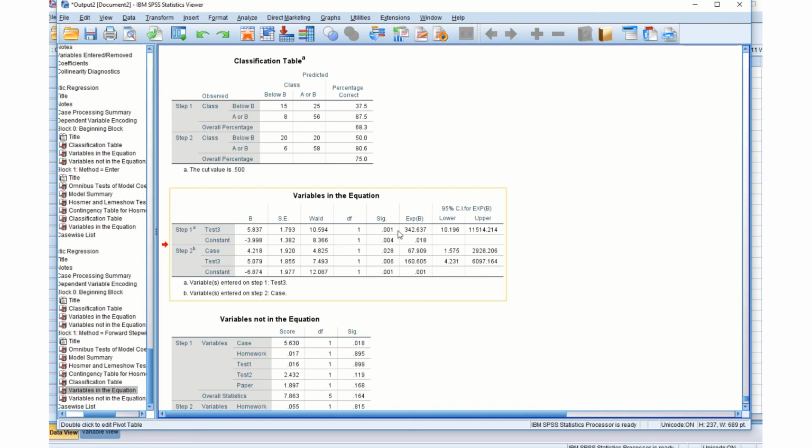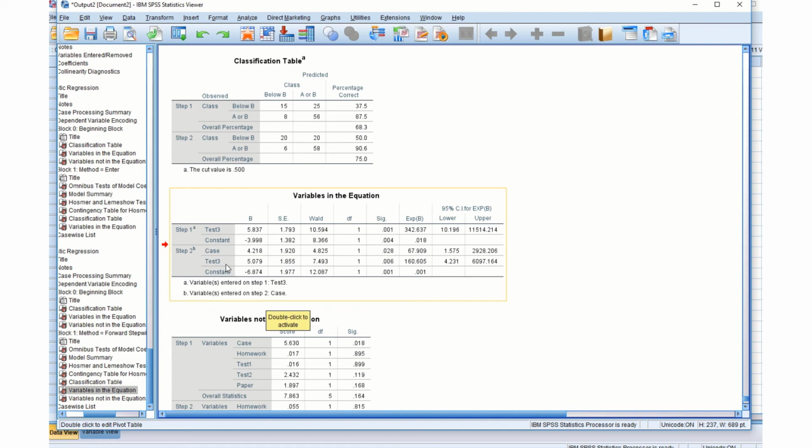When we look at the influence that these variables have on placing someone in the AB group, people who improve and get better at the cases are 67 times more likely, almost 68 times more likely to be an AB student.